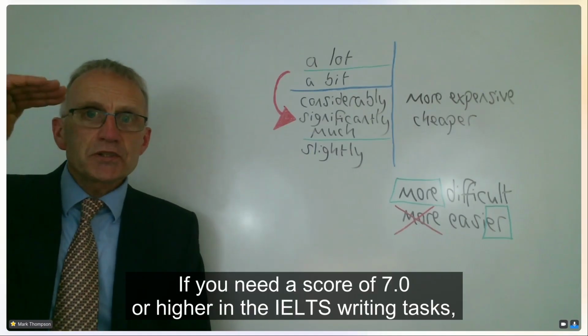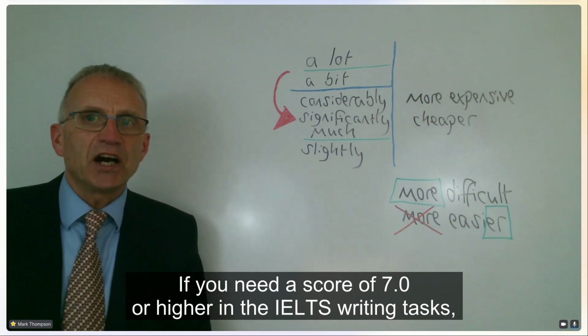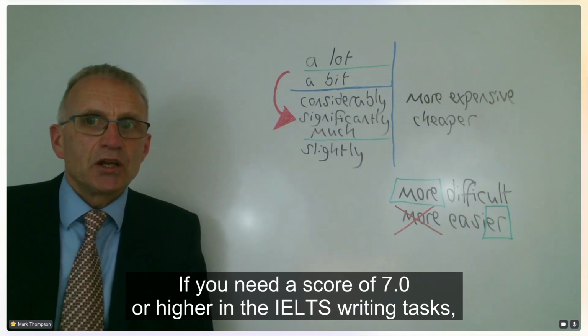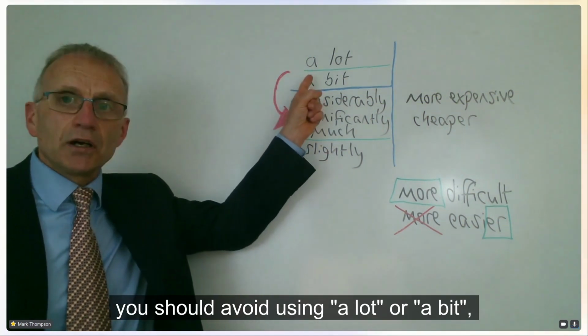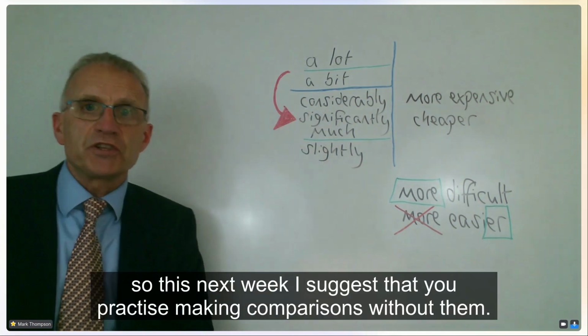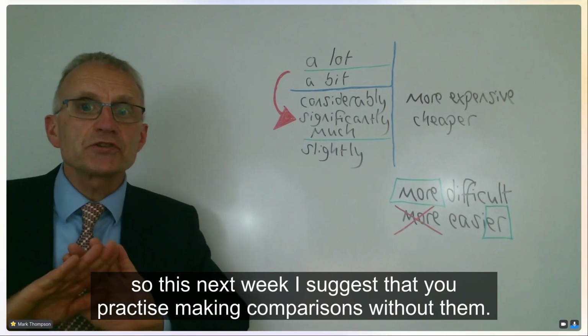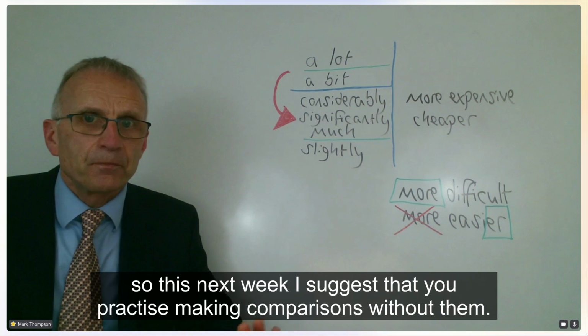If you need a score of 7 or higher in the IELTS writing tasks, you should avoid using a lot or a bit. So this next week, I suggest that you practice making comparisons without them.